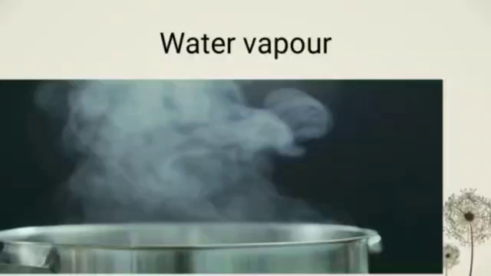It condenses, and the water vapor converts again into water drops. So drops of water appear on the cooled surface. This way you can prove that water vapor is present in air.